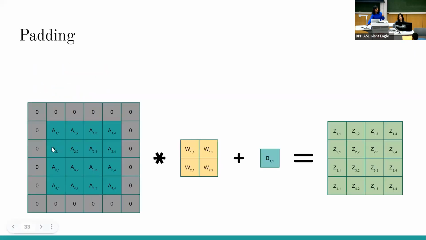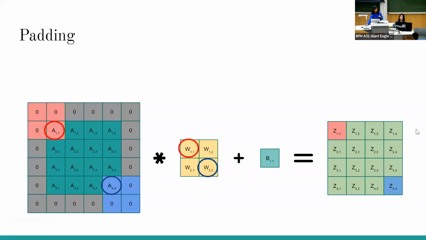Here is an example where we are retaining the size of the input image. We did zero padding across all the sides and used the same 2x2 filter. If you do this multiplication, now each and every value of the weight interacts with everything, so this will also get multiplied with W22.